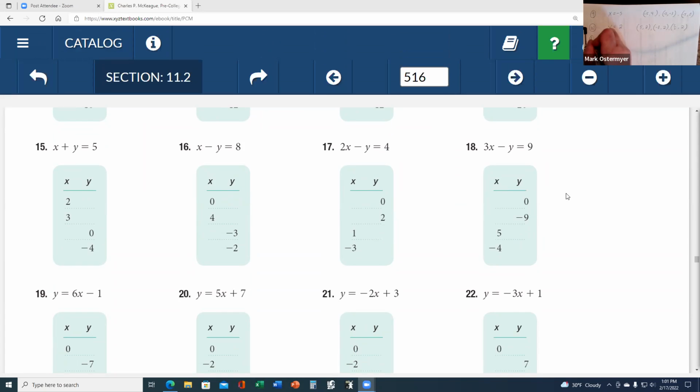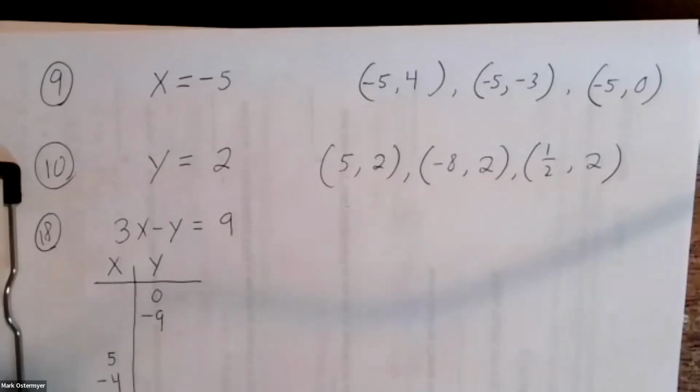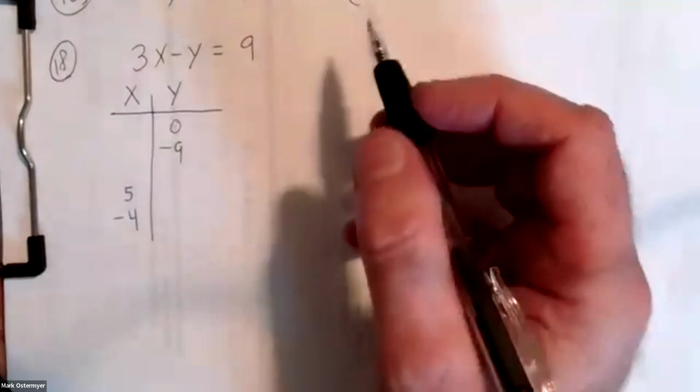They give us a linear equation, which is 3x minus y is equal to 9. And they want us to complete this partially completed table here. In some cases, they give us the x coordinate. In other cases, they give us the y coordinate, and we have to find the missing coordinates here. This is the linear equation we're working with.